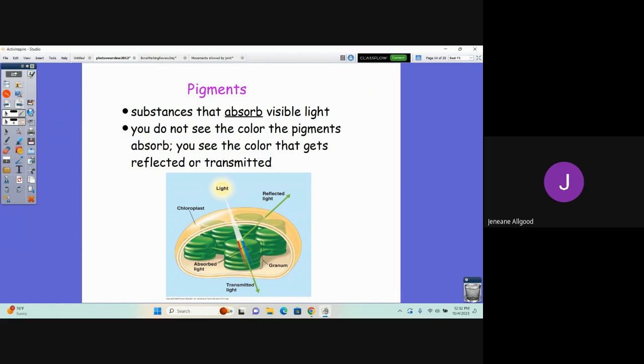And that second bullet there is more important than you probably realize. Okay, it's a little bit about absorption and reflection or refraction. You don't see the color that the pigments absorb.